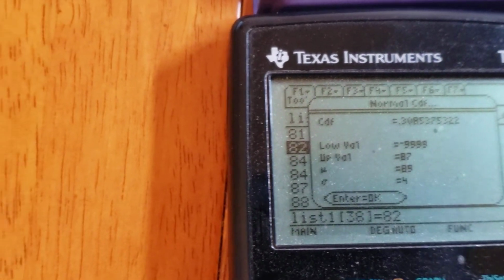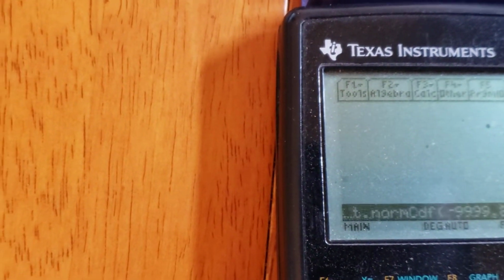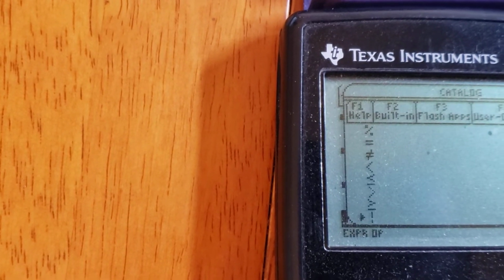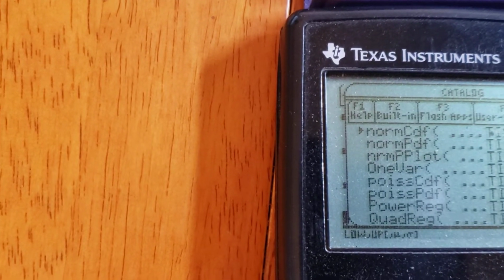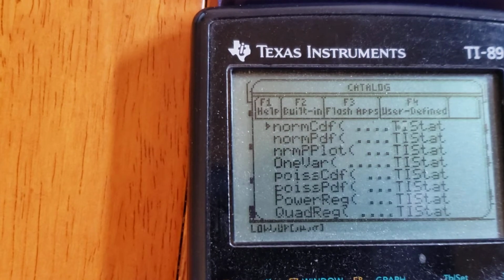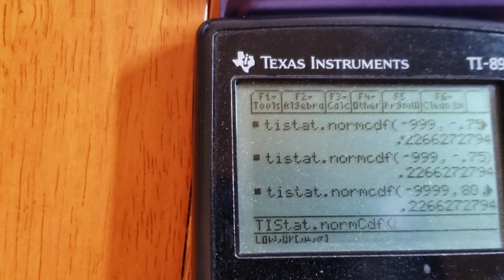Don't forget you can do this from the home screen. Catalog, flash apps. I already got normal CDF selected. We got that there.